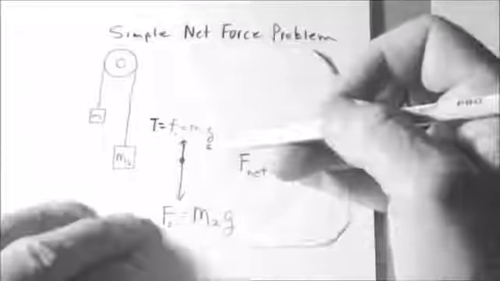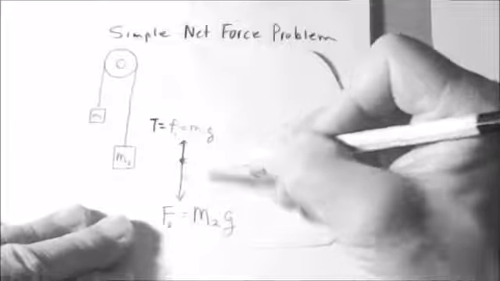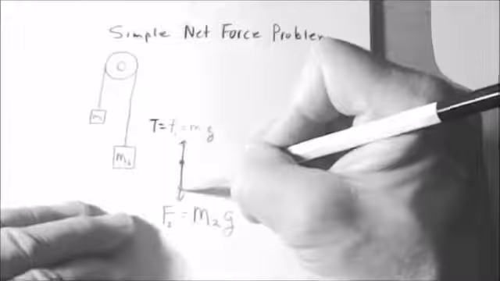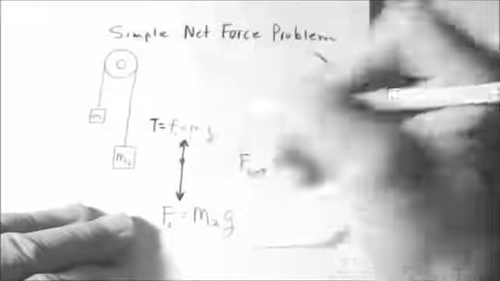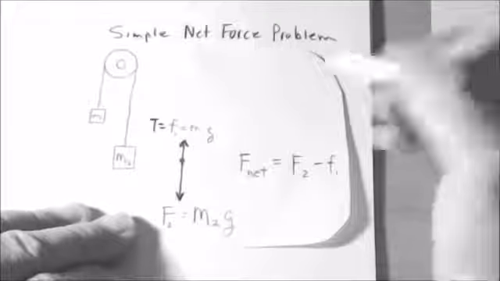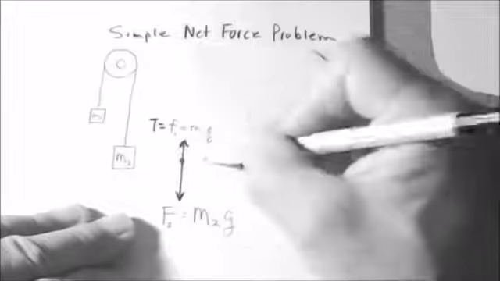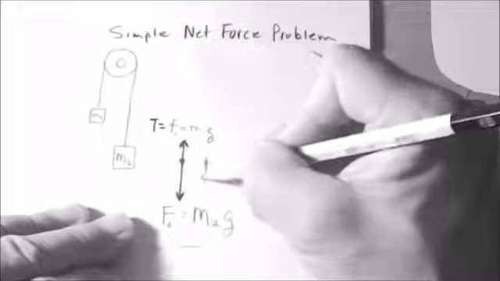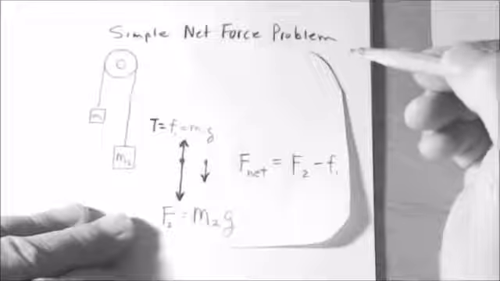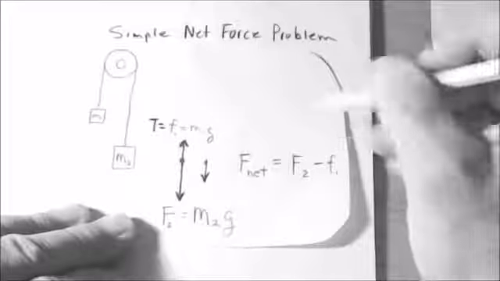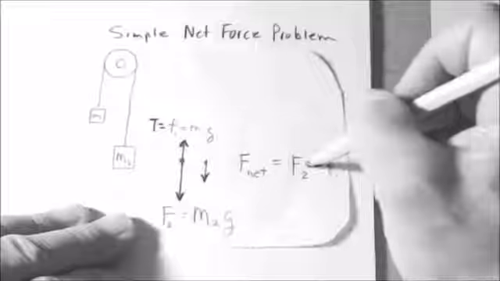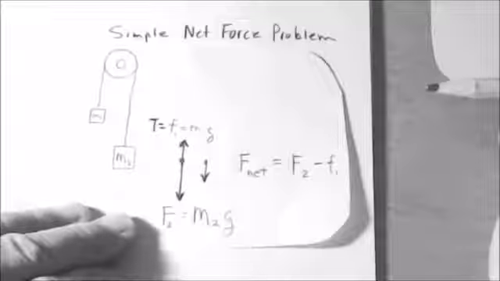Well, I think you can see intuitively that if you have a free body diagram with the forces drawn proportionally as vectors, this one is bigger than that one. So the resultant is going to be a force this way. And if you knew numerically what these forces were, then you could subtract F1 from F2, and you would get the net result.